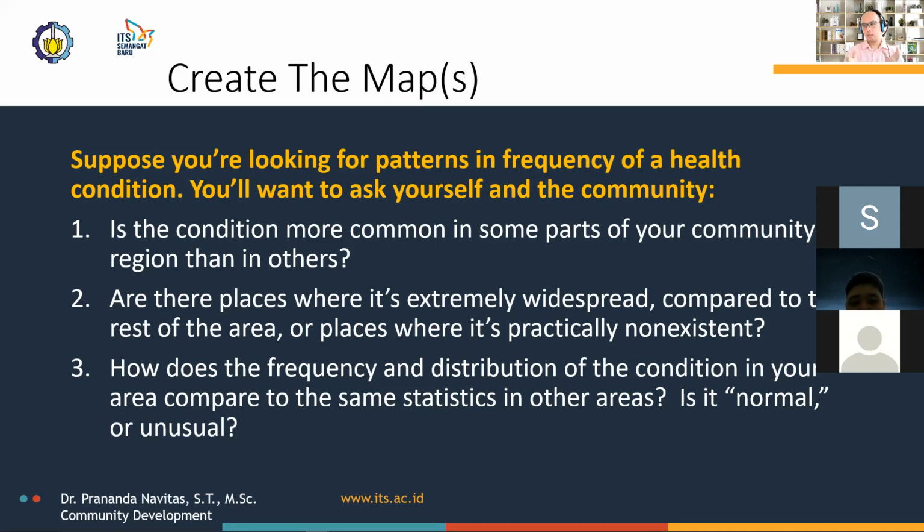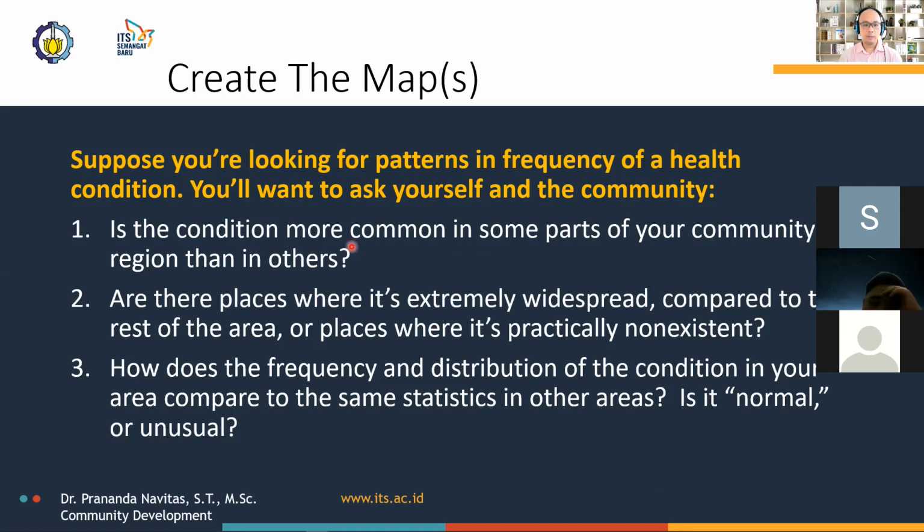You want to ask yourself and the community, first of all, is the condition more common in some parts of the community, or in some parts of the region than others? In this case, when you ask this question, you might want to have a separate map available as a reference.